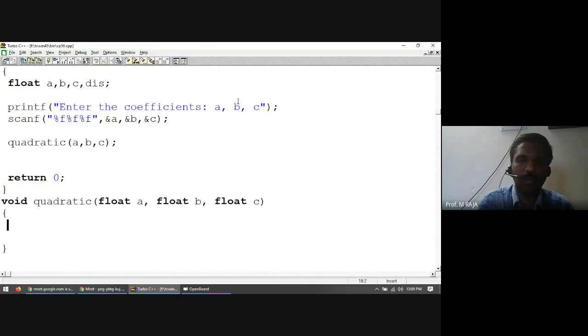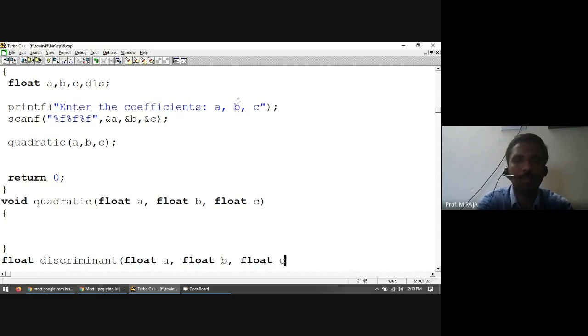For example, in this program, let us define another function, float discriminant, having the parameters float A, float B, float C.